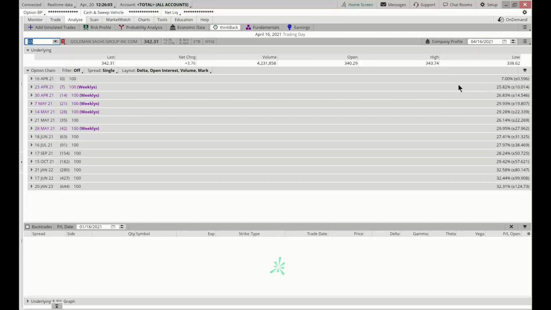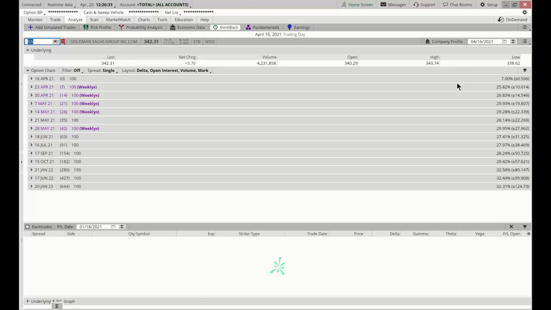And now these front options are losing IV almost 100%, because all options come expiration day will ultimately have no implied volatility left. Those front week options that expire today, which in this example was 4/16/21, last Friday, by the end of that day, there will be no implied volatility left.